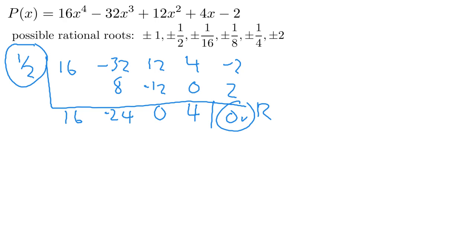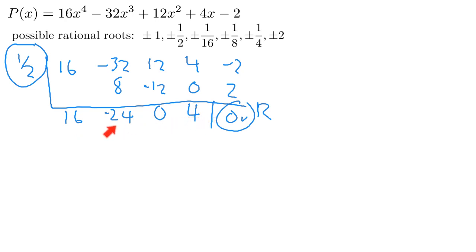Now, when we do that, do not go back and start with the original set of coefficients. In other words, don't go back and start with these, 16, -32, 12, 4, -2. What you're going to do is bootstrap it from these right here. This quotient polynomial that we found once we found the first root: 16, -24, 0, and 4.